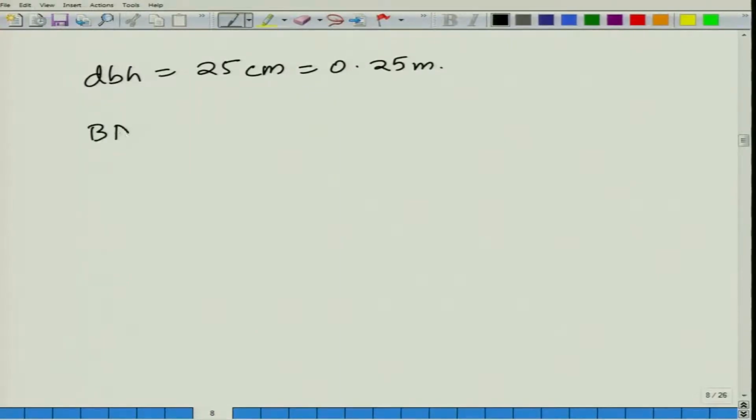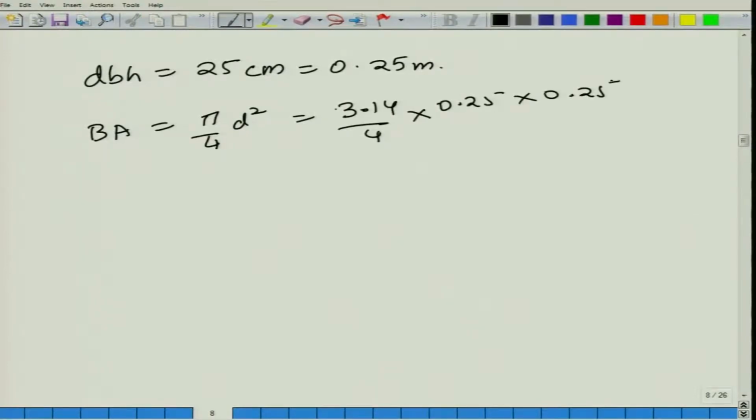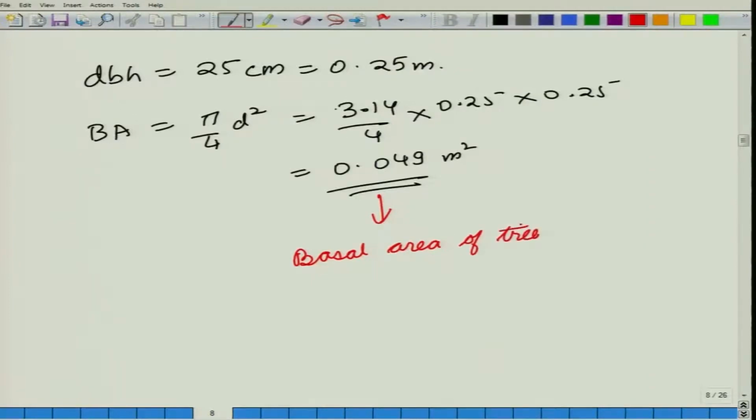Now, the basal area will be given by pi by 4 d square, which is 3.14 by 4 into 0.25 into 0.25, which is equal to 0.049 square meter. So, this value of 0.049 square meters is the basal area of the tree. So, it is simple to calculate.